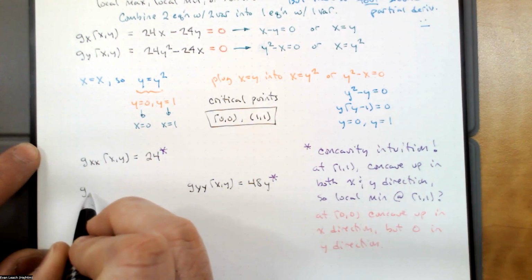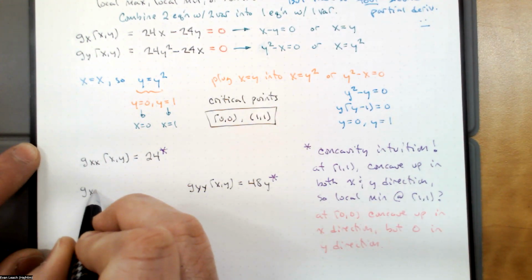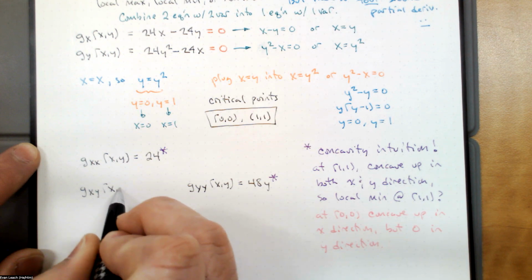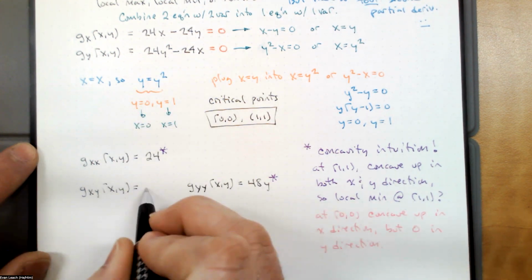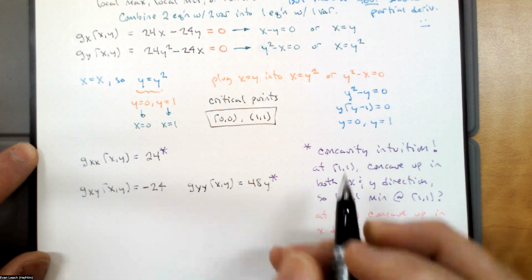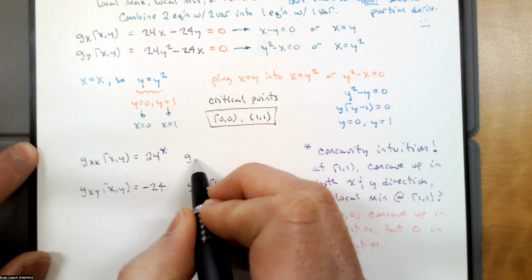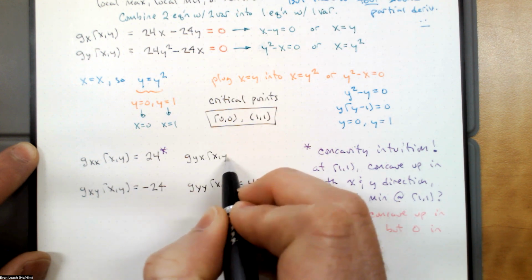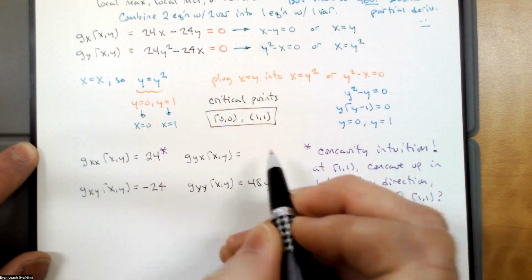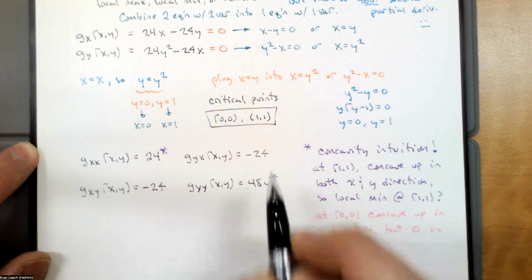What's the partial of g with respect to x, then with respect to y? Negative 24. And what's the partial derivative of g with respect to y and then with respect to x? Also negative 24.